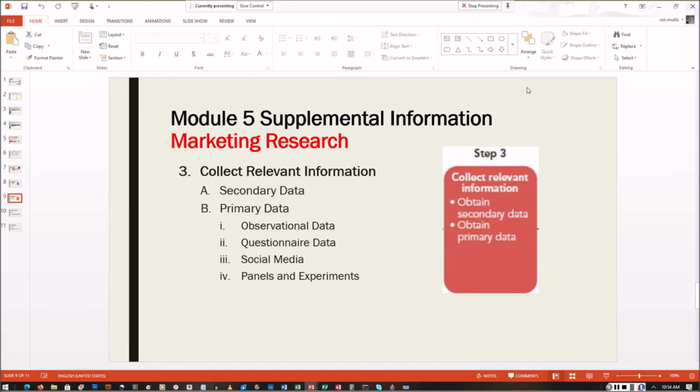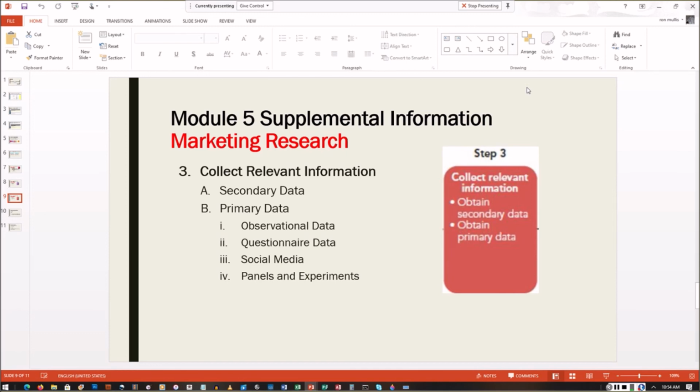For panels and experiments, the panels are an effective tool in measuring how customers change their attitudes and behaviors over time. The panels usually consist of a group of customers or a group of stores that are measured by a marketer.